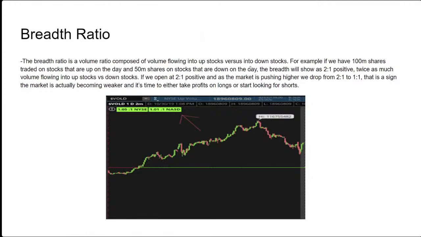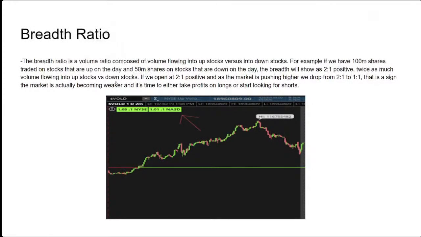So, for example, if we have 100 million shares that are up on a day, and then we have 50 million shares in stocks that are down on a day, the breadth will show it as 2-to-1 because 100 is twice 50. And it's 2-to-1 positive, showing strength. So twice as much volume is in up stocks versus down stocks.